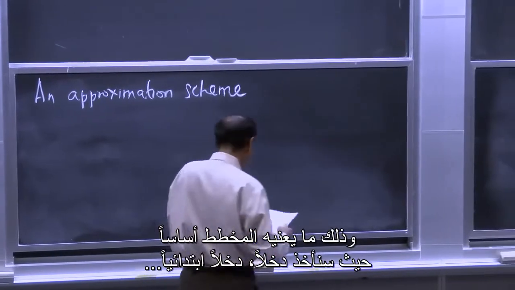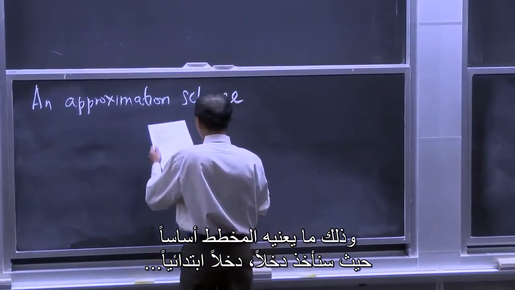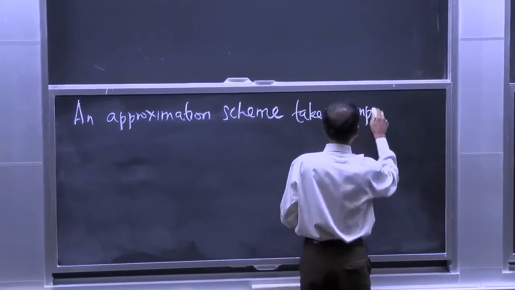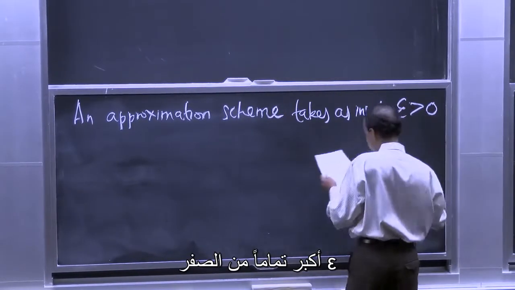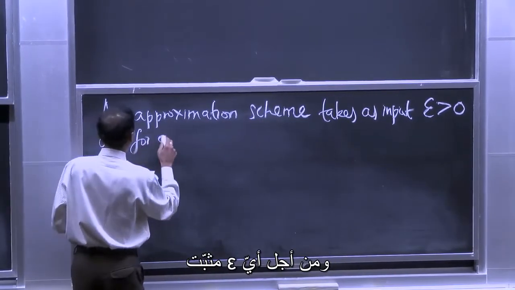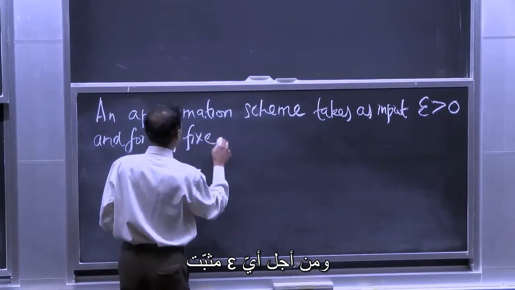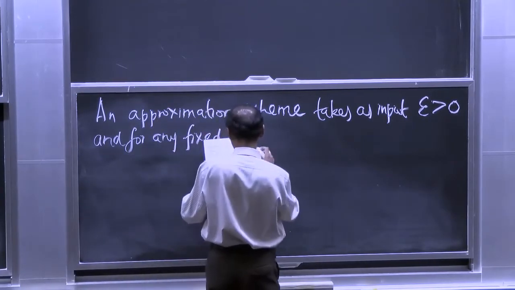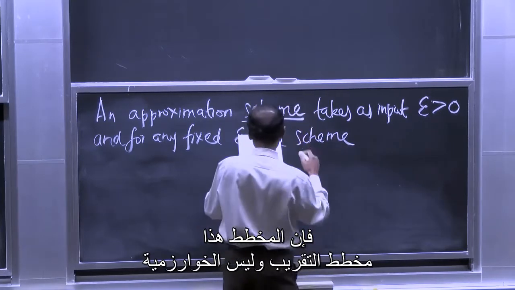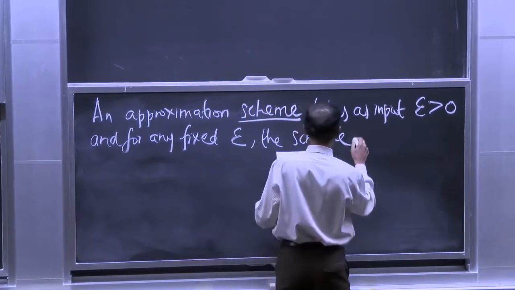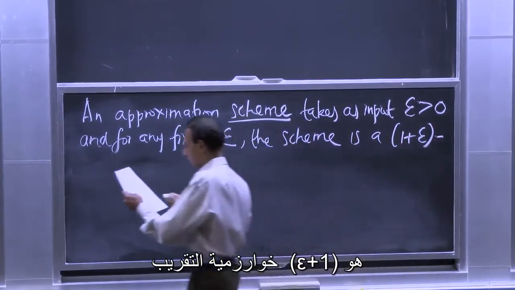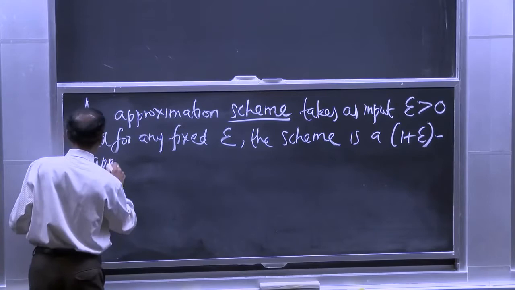That's essentially what a scheme is, where we're going to take an additional input, epsilon, strictly greater than 0, and for any fixed epsilon, the scheme, this is an approximation scheme as opposed to an algorithm, is a 1 plus epsilon approximation algorithm.